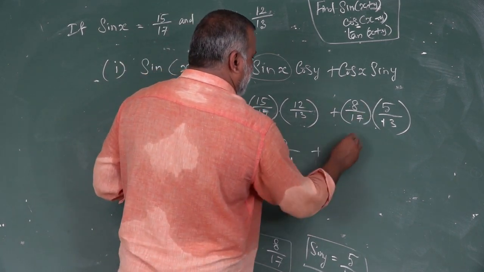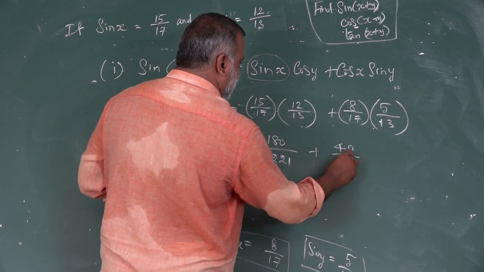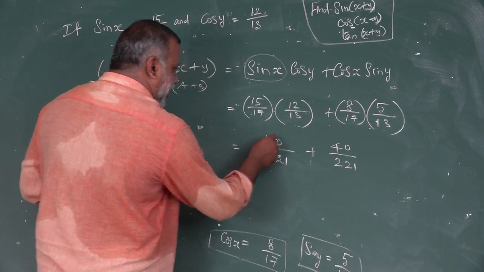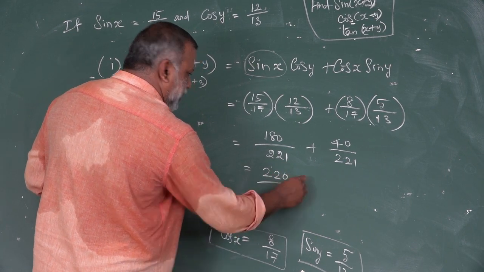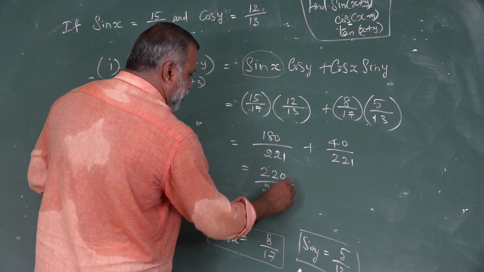Plus 8 fives are 40, over the same 221. 180 plus 40 is 220 divided by 221.